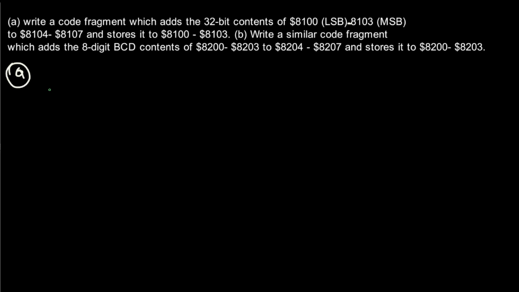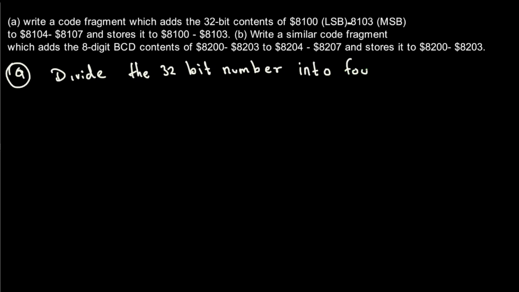Let's mention that here: divide the 32-bit number into 4 bytes. 1 byte is equal to 8 bits, so 4 bytes is 32 bits.